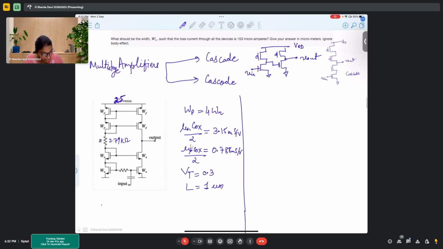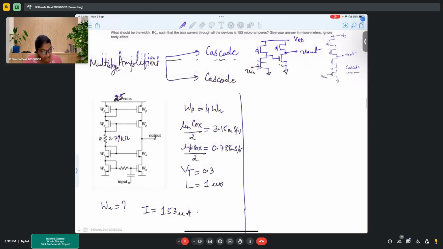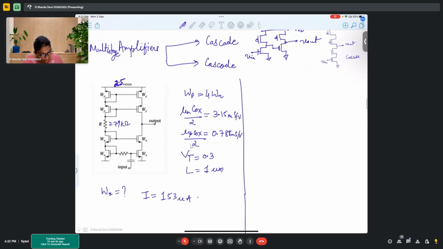So you have to find WN such that I through the devices is 153 microamperes. And here ignore the body effect. So that means body and source are shorted. So here we need to find the value of Wn such that your current flowing through the devices is 153 microampere.